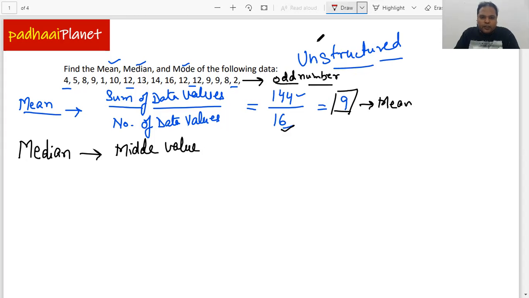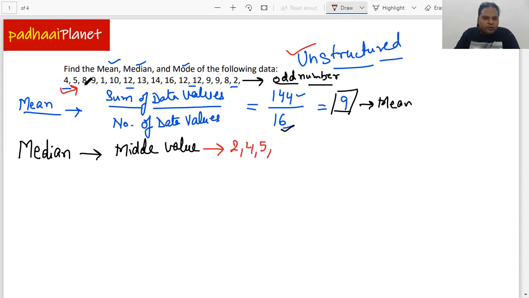Before we start finding the median of any unstructured data, we always need to put the entire data values in a particular order, and we will put it into ascending order. So first is 2, and then we have 4, 5. We don't have 6 and 7 here.